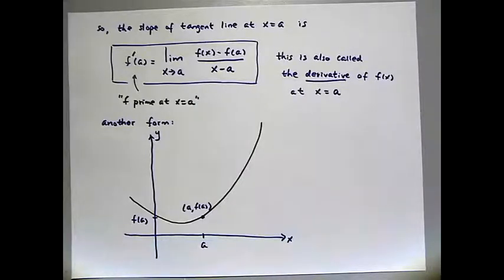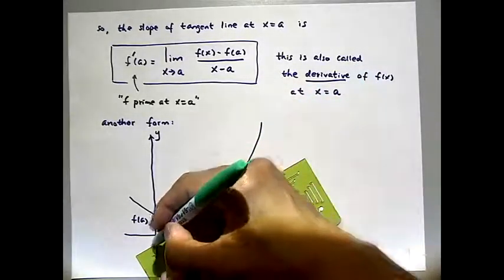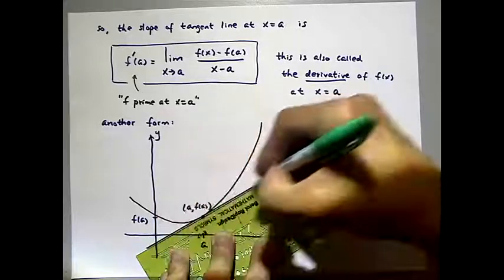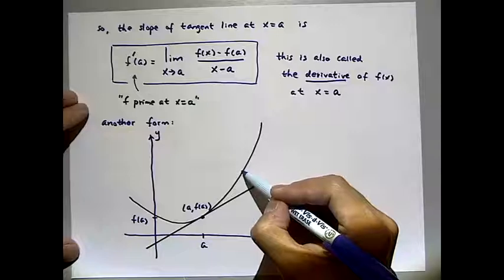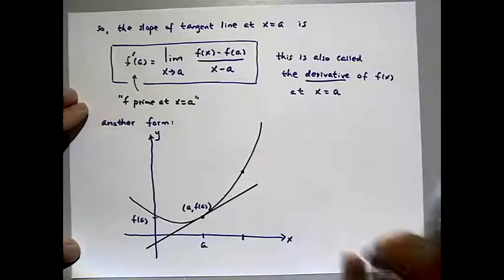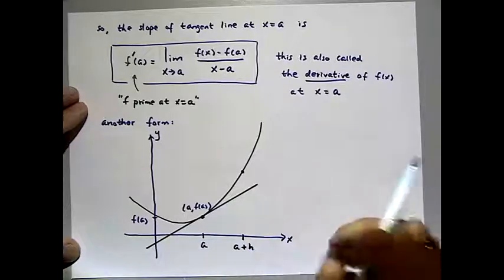And let me sketch the tangent line, the green one, something like that. Now if you look at what we're doing here, we're trying to bring the second point close to the first. So another way to describe where the second point is, is how far it is in relation to the first when it comes to the x-coordinate. So let's say the second point is right here. Now instead of giving it a new label, we'll just say that it is whatever a is equal to plus some other quantity h.